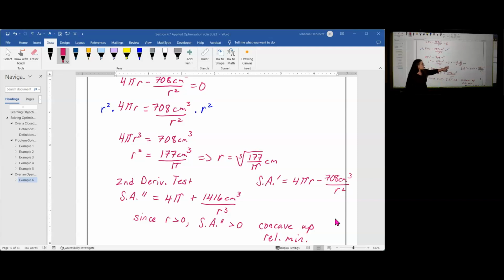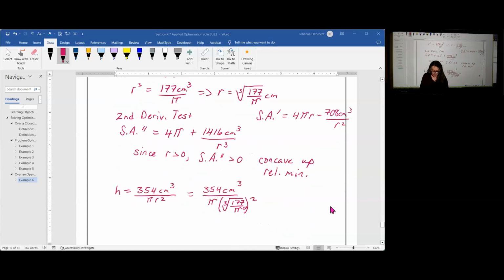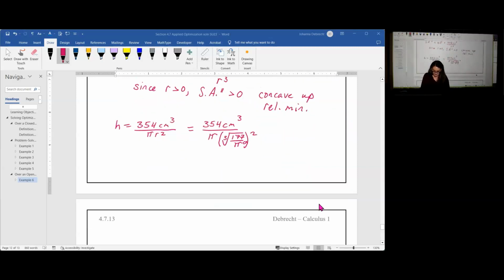That means that this value for r is the one I'm looking for. Then I go back to the constraint equation where I solve for h, and I substitute my value in to get the expression for h. It's rather complicated, so I would probably just leave it like this. I wouldn't try to simplify it, though I think you could simplify it a little bit.